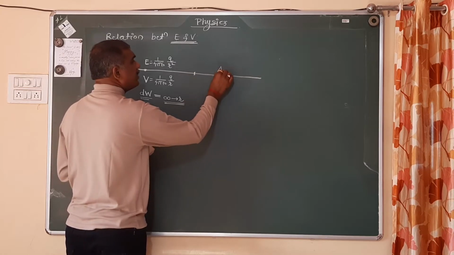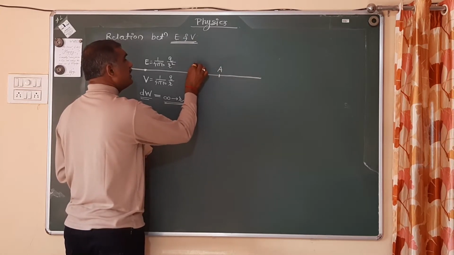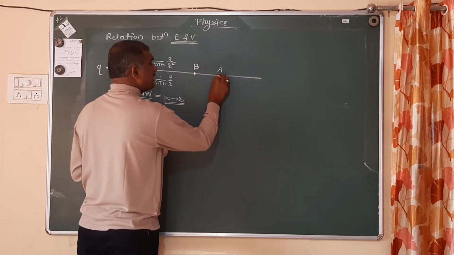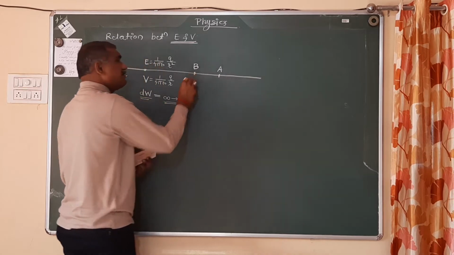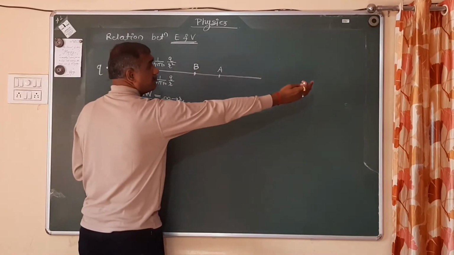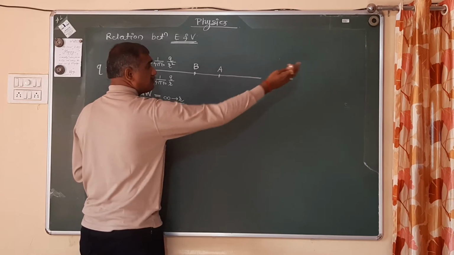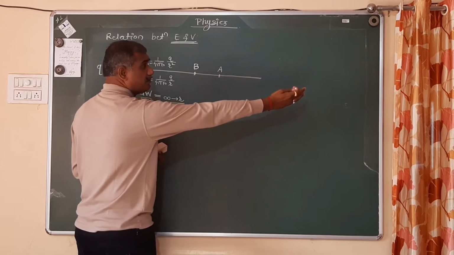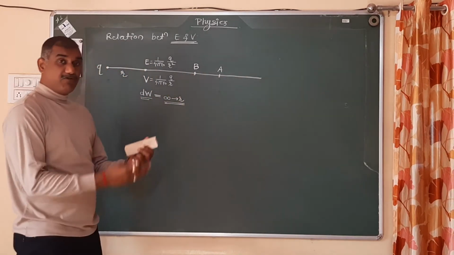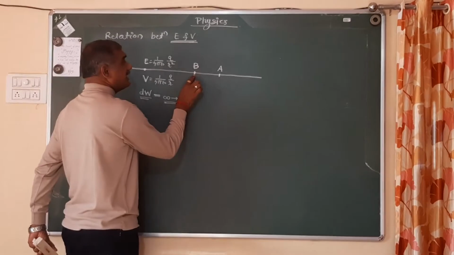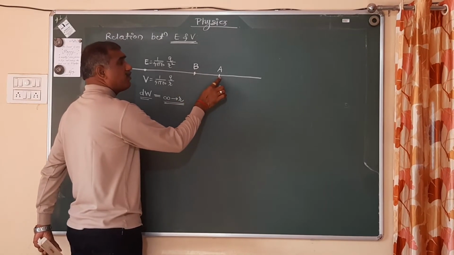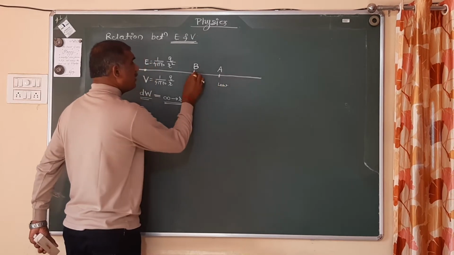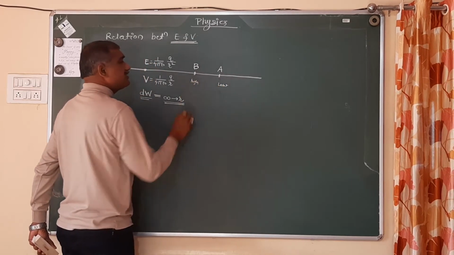One point is A and the second point is B. In between A and B, we know very well the potential at A is less and potential at B is more, because the work done in moving 1 coulomb or unit positive charge from infinity to position A is less as compared to the work done in moving unit positive charge from infinity to B. Work done is more, and that's why the potential at point B is more. Potential at A is low, and at B the electric potential is high.